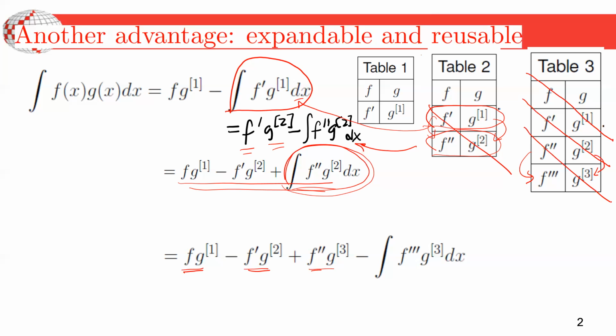And then the last term is the integral of the product of the entries in the last row. Those four terms have alternating signs, plus, minus, plus, minus. So the pattern of these signs is also easy to remember.